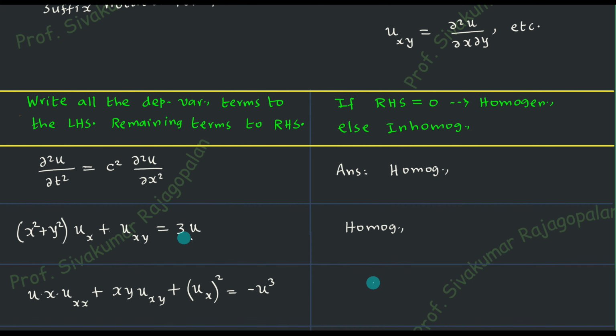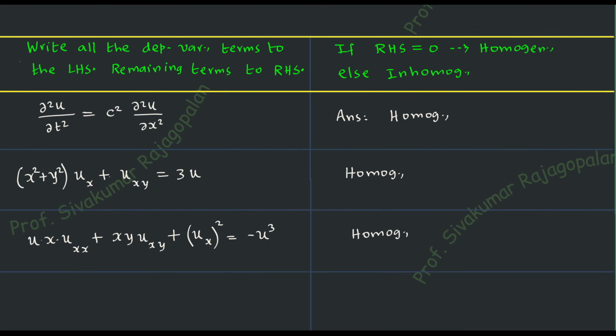And come to this u to the power 1, here also power 1, here also power 1. So exactly 1 is there. Exactly 1 means linear. Anything less than 1, anything greater than 1, then we say that it is non-linear. So therefore this is a linear differential equation. Once again, the power of u here is 1, here the power of u is 1. Therefore this is also a linear differential equation. So let me write down here that homogeneous is our conclusion now.